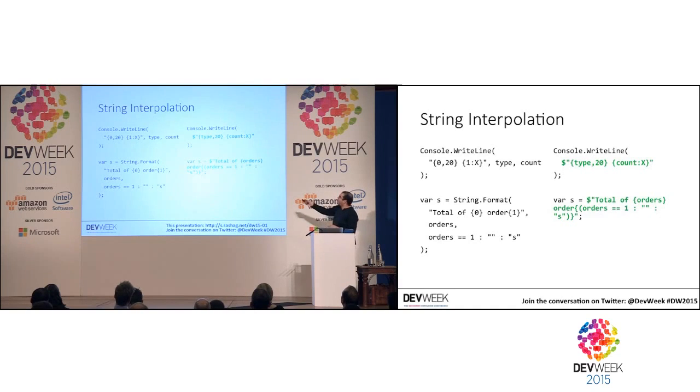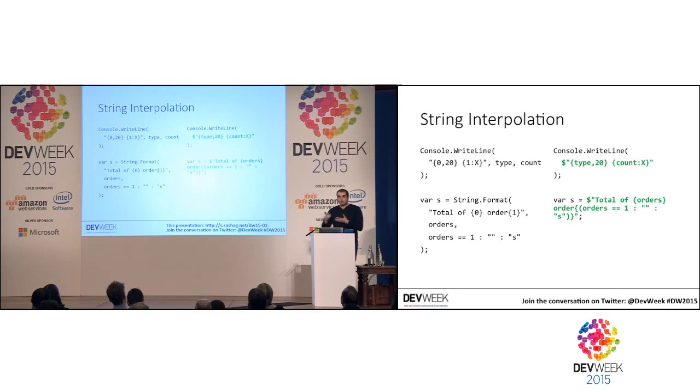And then inside that string, curly braces are interpreted as holes, where you put expressions. So for example, where there used to be a hole for the type, there is just the expression itself, type. And where there used to be a hole for count, there is simply the expression count. So if type and count are local variables or fields or simple expressions, you just plug them in directly.